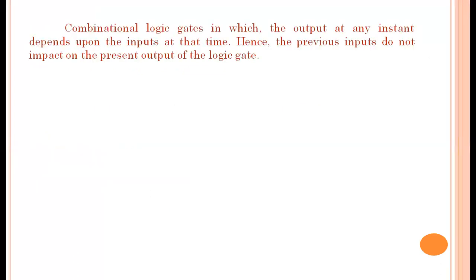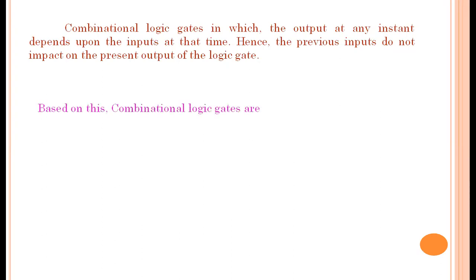In combinational logic gates, the output of any gate depends on the inputs at that time only. The output always depends on the inputs at any instant of time, not on the previous inputs.